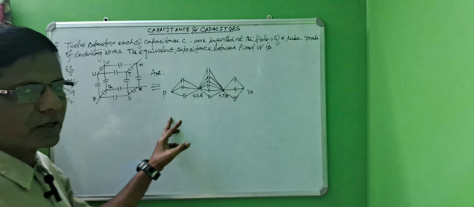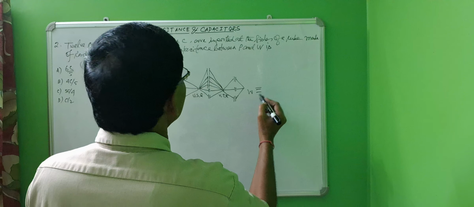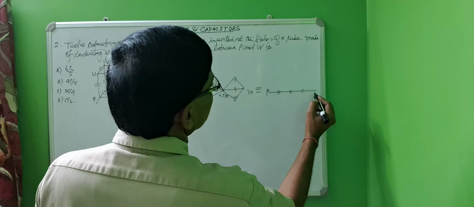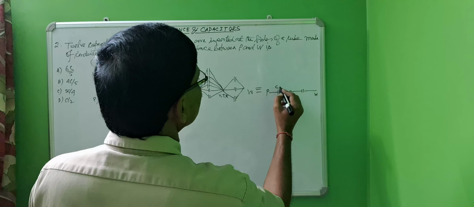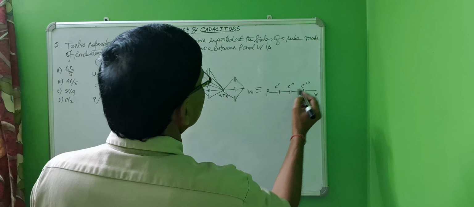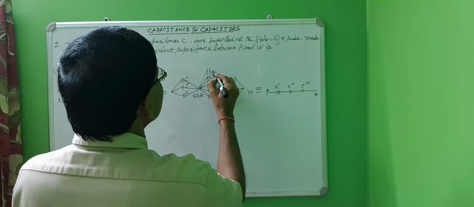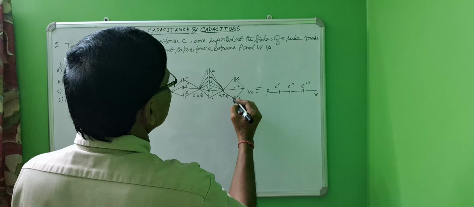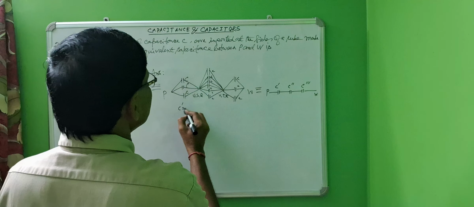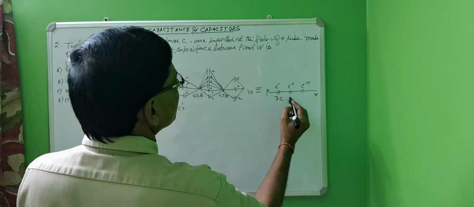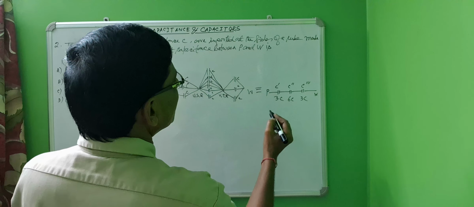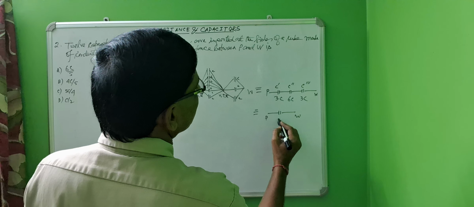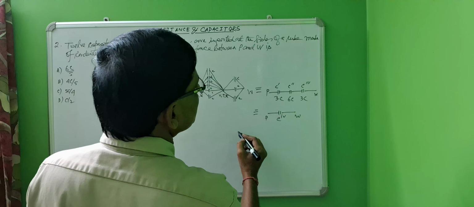We can find the equivalent capacitance very easily now. Here is a C. Here is a C. So this is C dash equals 3C, 6C, 3C.